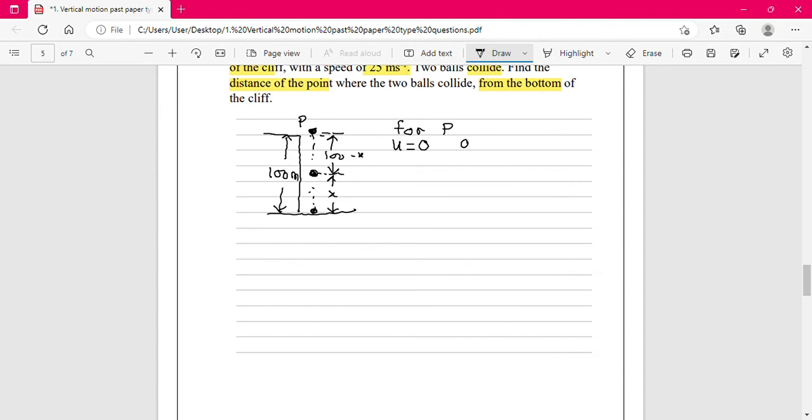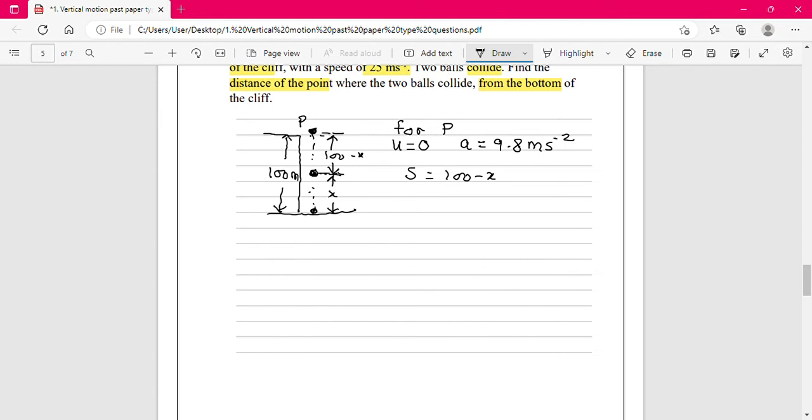As it is coming down, it will accelerate. So a will be 9.8 meters per second square, and its displacement is 100 minus x from the point where it is dropped to the point where it collides with the second ball.